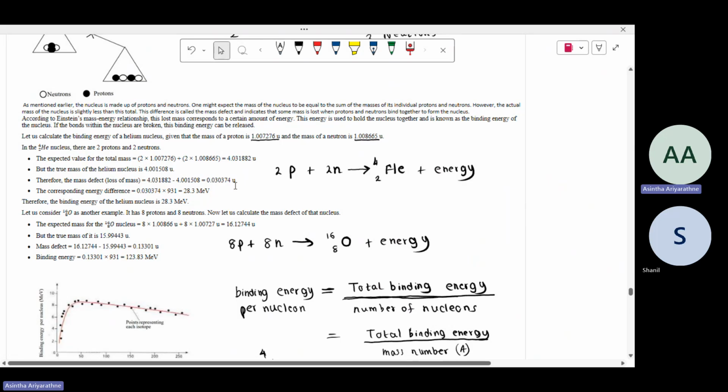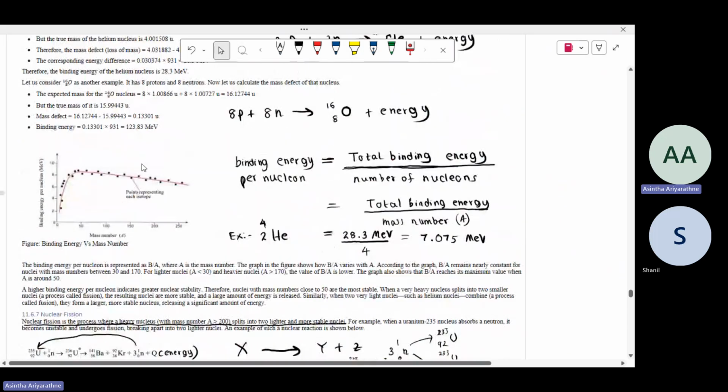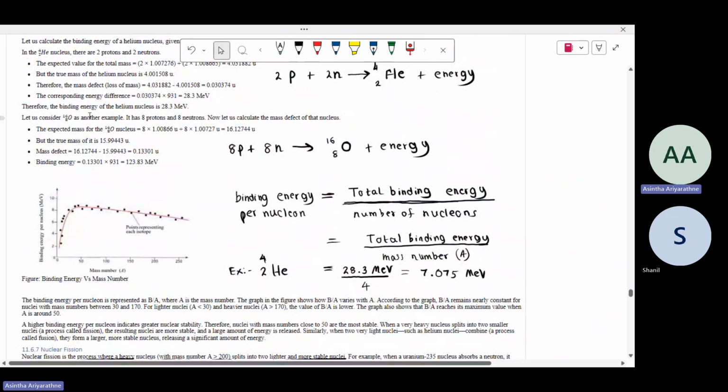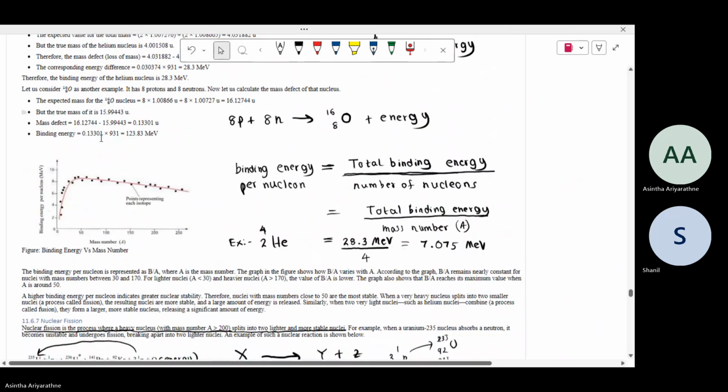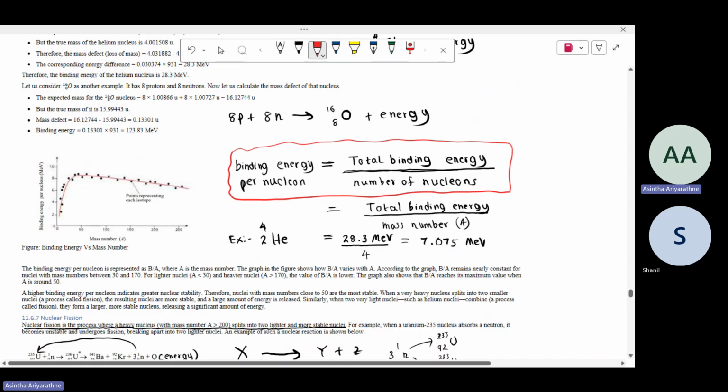That can be found using E equals mc squared. And about binding energy, this is somewhat important. The binding energy per nucleon for a nucleus is the total binding energy divided by the number of nucleons.